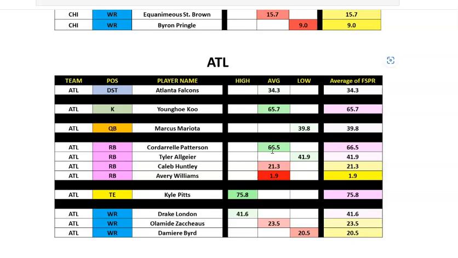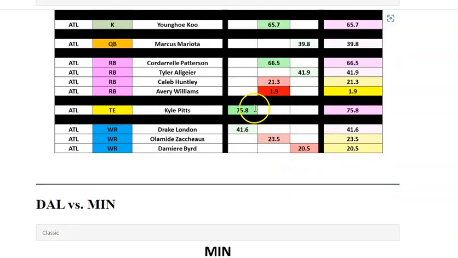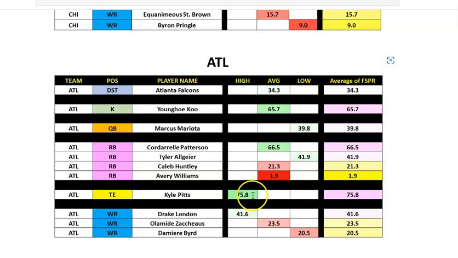These are not RB1s by any means. Pitts, what can I say? He's a tight end 1, bottom 12 this week, right here, 76. High, that means he could catch a touchdown or not. It's just, I don't know. Drake London, you hope.